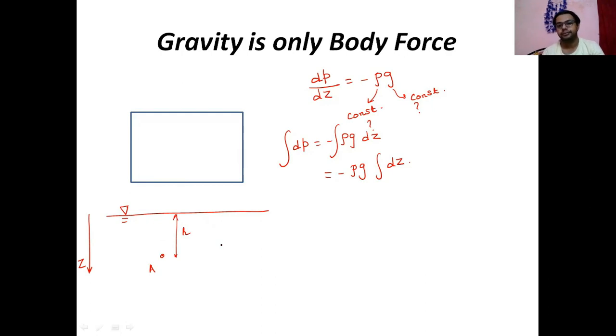So what will the pressure be, whether it will rise or decrease? At the free surface there was atmospheric pressure. Your initial was the free surface, atmospheric pressure, you take it as 0. And you are going to depth minus H, 0 to minus H. What is your pressure? P.